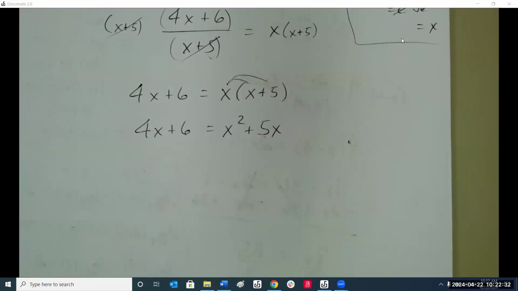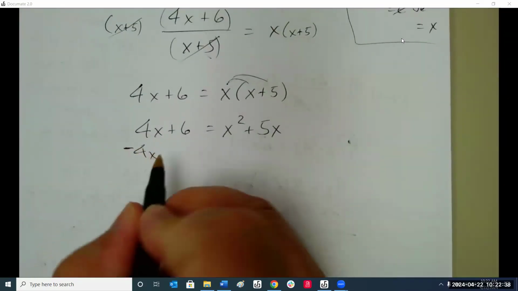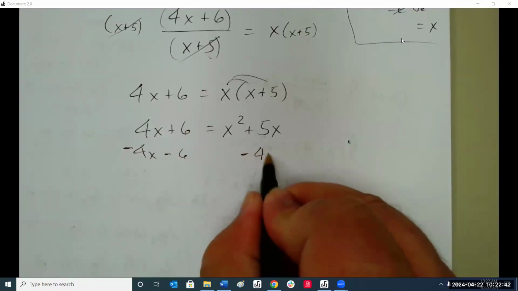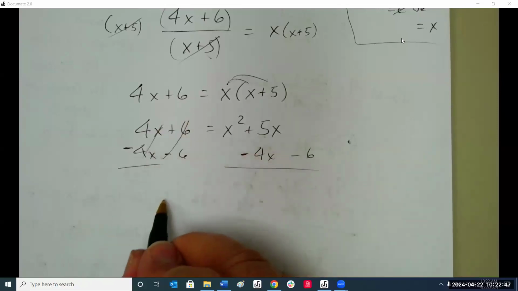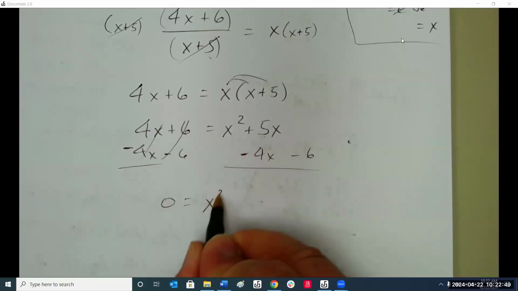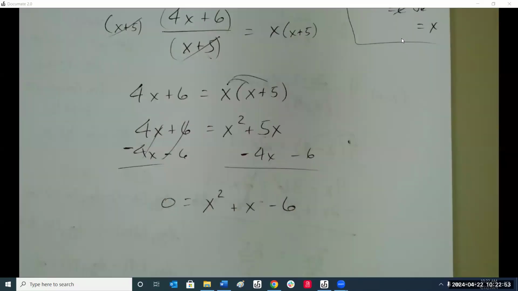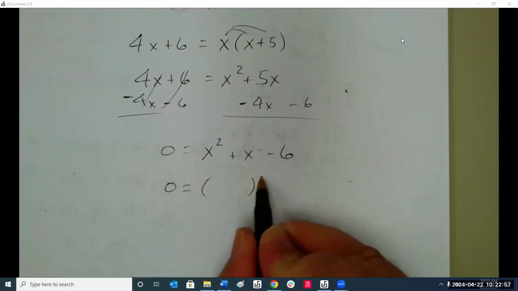So what's my first step? Yes, subtract 4x and the 6 from both sides. 5 minus 4 is 1. Then we can factor if possible.